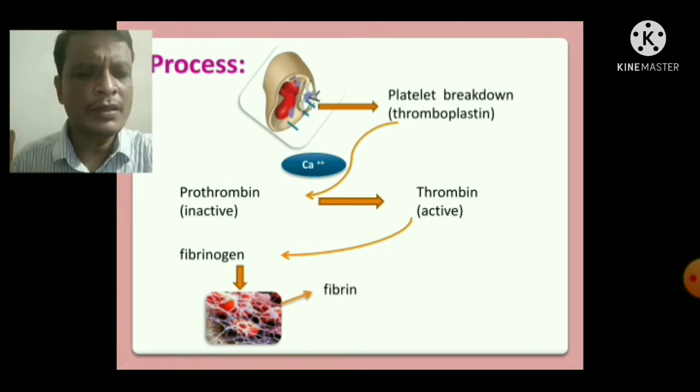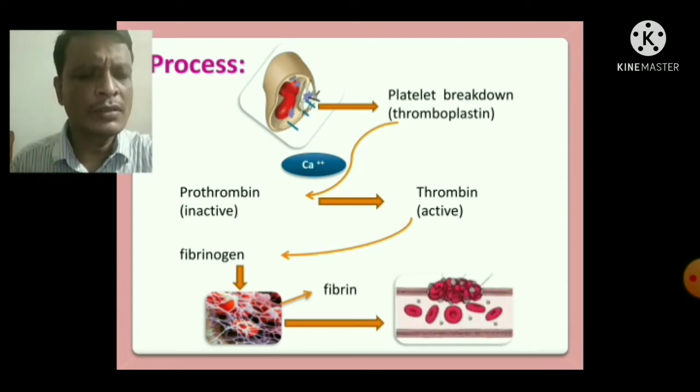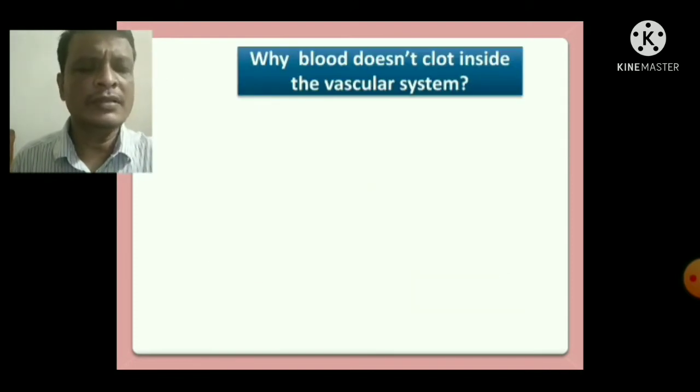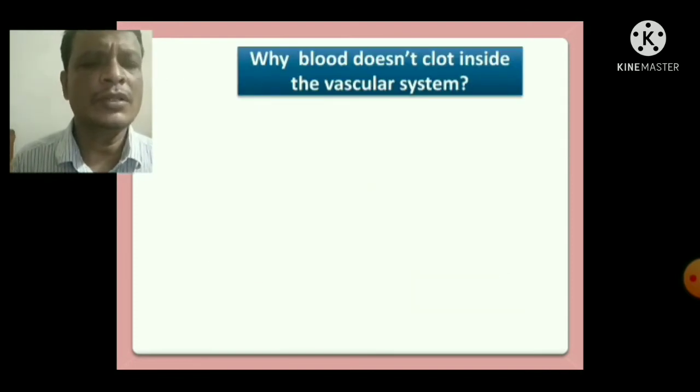The fibrin is an insoluble protein, and the fibrin monomers are connected with each other to form a fibrin polymer. So the platelets and different blood cells are enmeshed in the fibrin net. As a result, blood will be clotted within a very short period of time. So this is the very simple mechanism of the blood coagulation process.